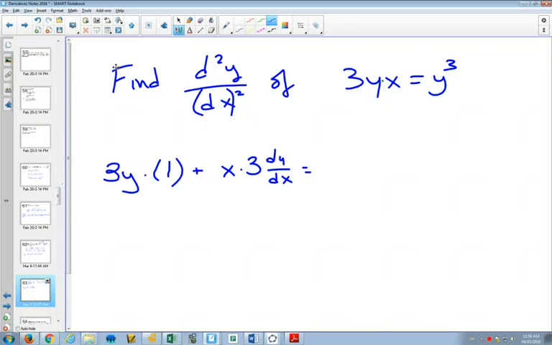And the derivative of the right side is going to be a chain rule. The outside function is the exponent, so 3 comes in front, subtract 1 from the exponent. Derivative of the inside function, which is y, is just dy dx.